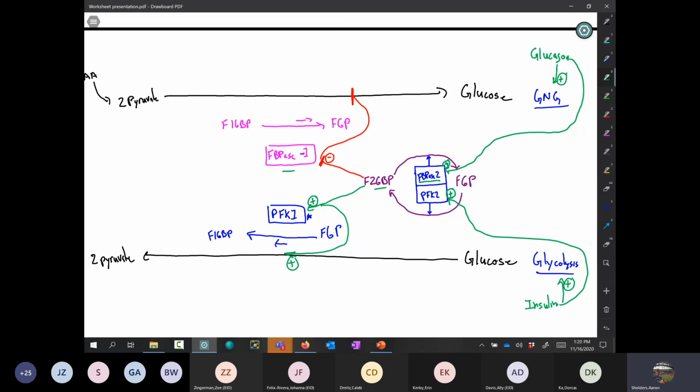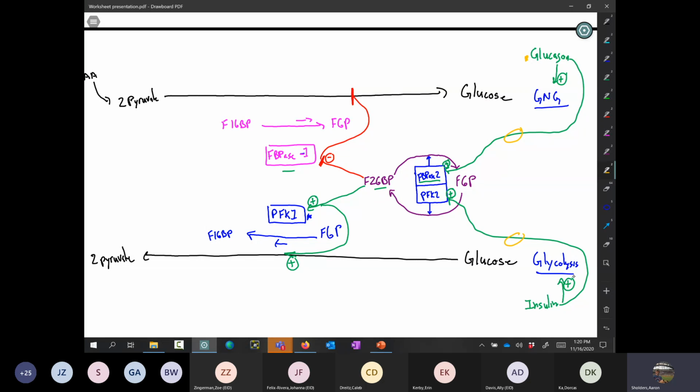That's the big picture. Now, in class, we went through a little bit more detail on those lines. In particular, this one up here, we talked about how the glucagon will activate something called adenylate cyclase, and adenylate cyclase will make cyclic AMP, and cyclic AMP will then activate PKA, and then PKA will phosphorylate this, and when it phosphorylates this, then it activates FBPase2 and inhibits PFK2.